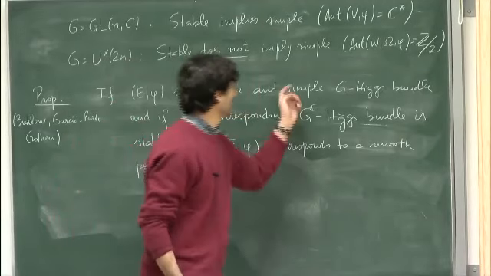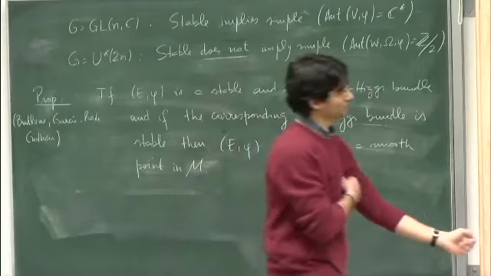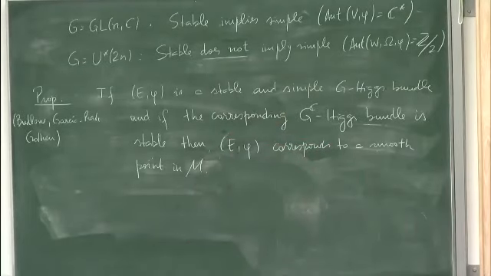So stable, simplicity, and if the GC Higgs bundle is stable, then it's a smooth point in the moduli space.